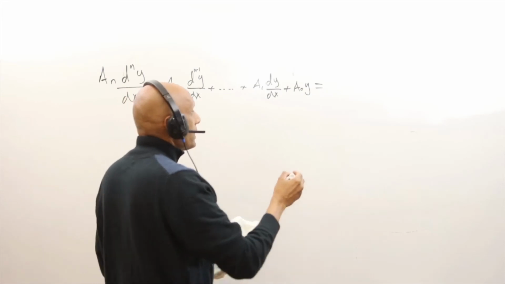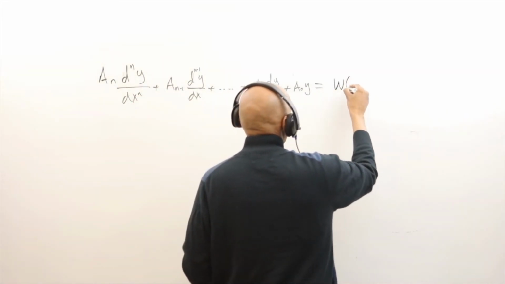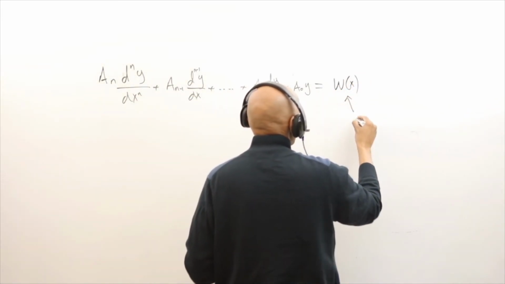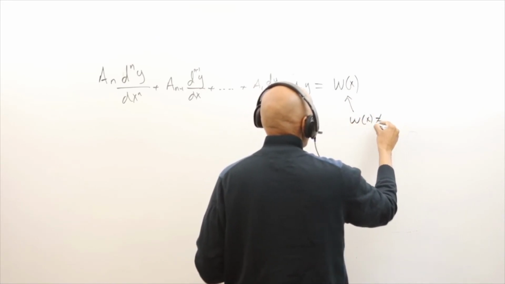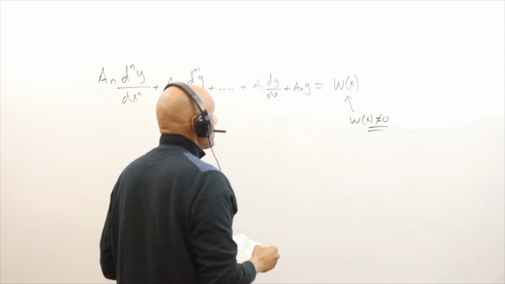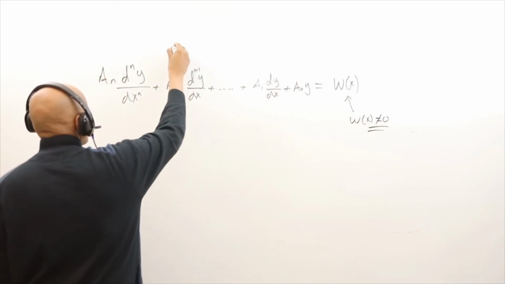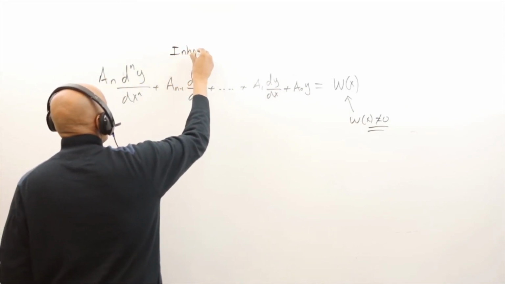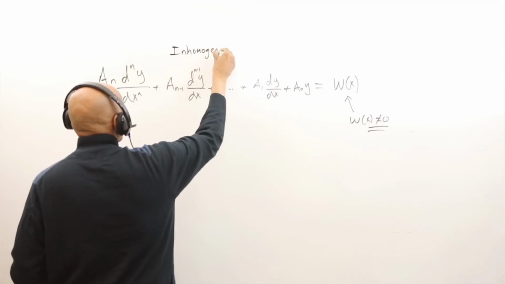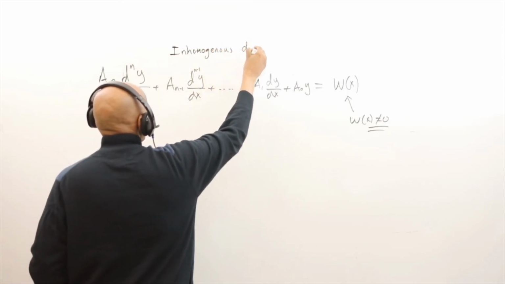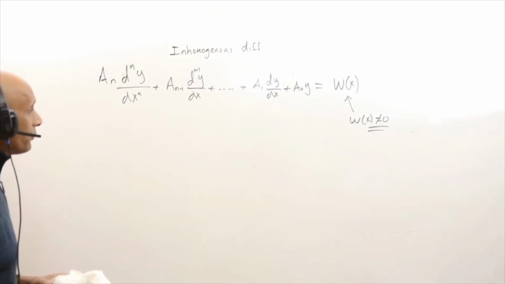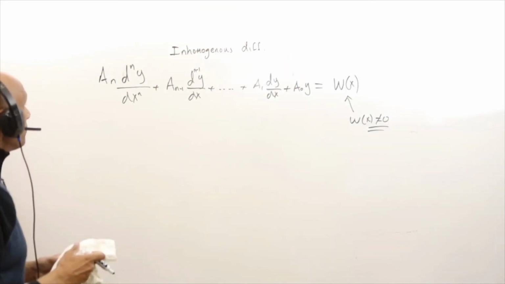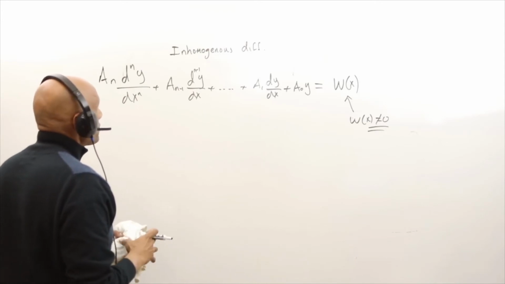An inhomogeneous differential equation is if you have a general function of x on the right side and this is not 0. If it's 0, it's called homogeneous, but this is called inhomogeneous. It's a big mouthful to write this out, but it's an inhomogeneous differential equation with constant coefficients.